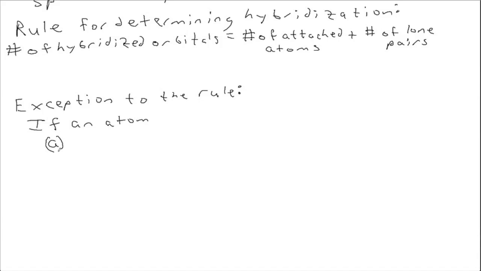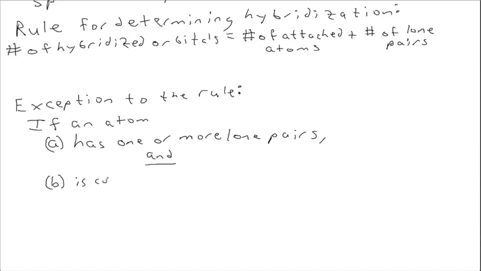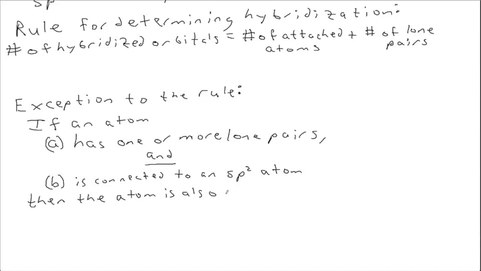If an atom A has 1 or more lone pairs, and B is connected to an sp2 atom, then the atom is also sp2.